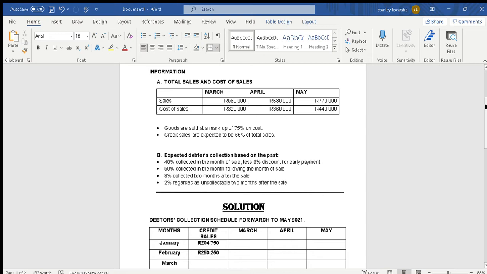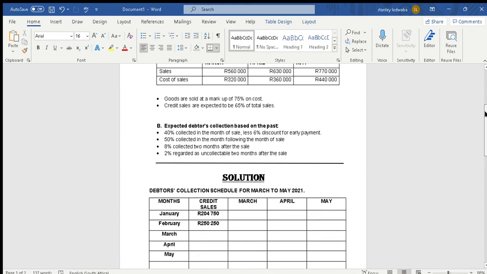But we need credit sales. Total sales is 100%, but credit sales is 65%. If we say 100 minus 65, you remain with 35%, which will be the cash sales. But we need the credit sales. Then we are going to calculate.